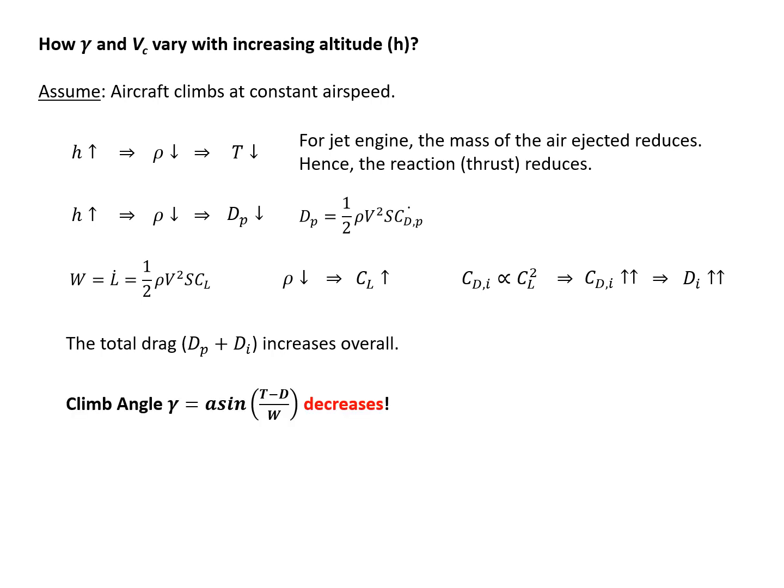Then the climb angle gamma will decrease because the thrust decreases and the total drag increases. So overall, gamma will decrease. And it's the same for the climb rate. We see it will also decrease with a growing altitude.